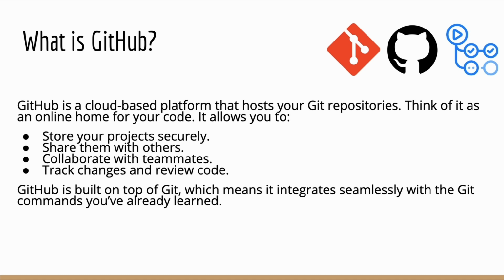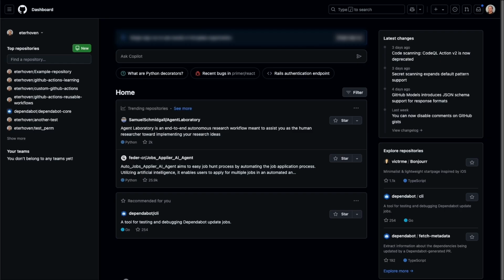And you can track changes and review code, review changes that other teammates make that they want to merge to the main branch of that repository. And GitHub is built on top of Git, which means it integrates seamlessly with the Git commands that you've already learned.